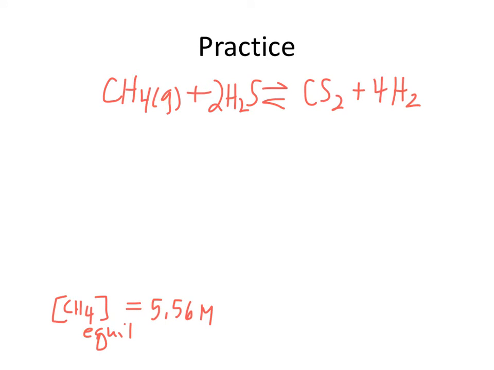Okay, so now what we're going to do is the second part of the question gives us the equilibrium value for the methane at 5.56 molar. We know the equilibrium constant. The equilibrium constant was 0.036.